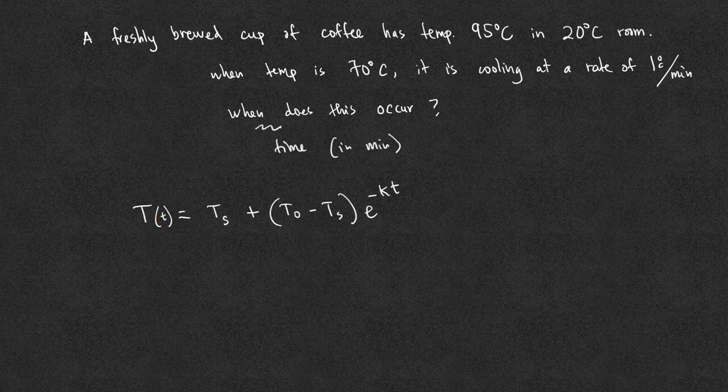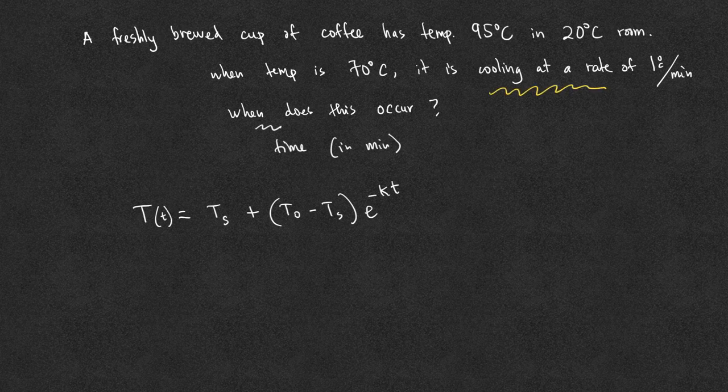Next, we were told that when the temperature is 70 degrees Celsius, it is cooling at the rate of 1 degree Celsius per minute. And so that is the derivative, because it is cooling at a rate.